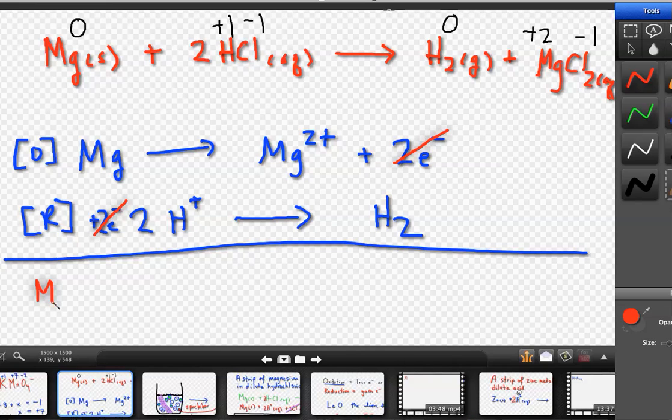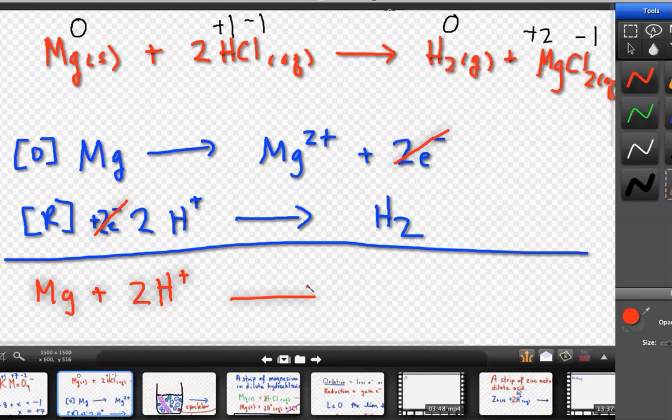And notice I get the overall stoichiometry. Magnesium plus 2H+ yields H2 plus Mg2+. So this is how we actually apply the calculation of these oxidation numbers into a real live chemical situation.